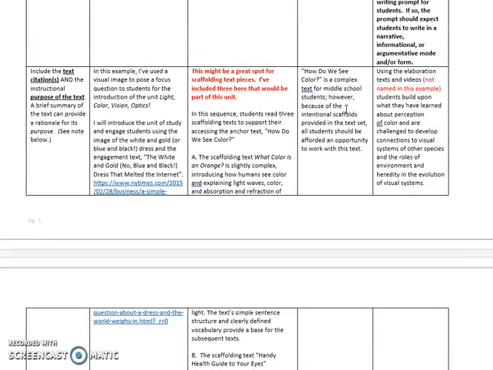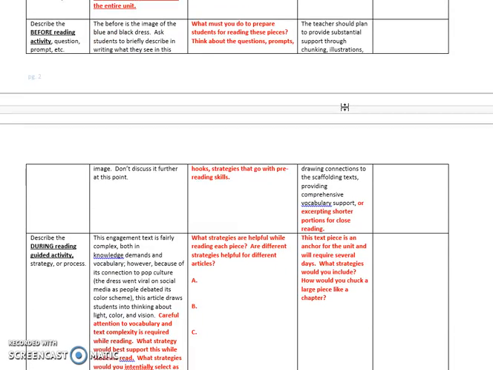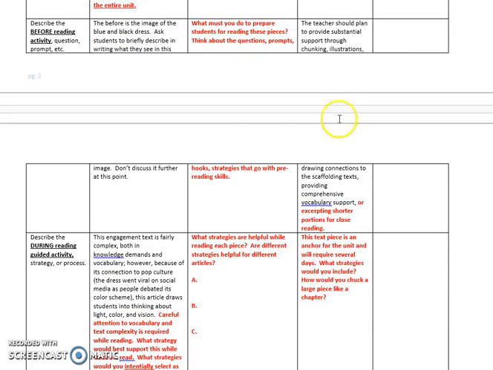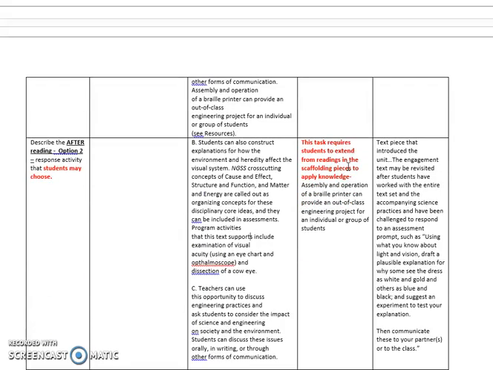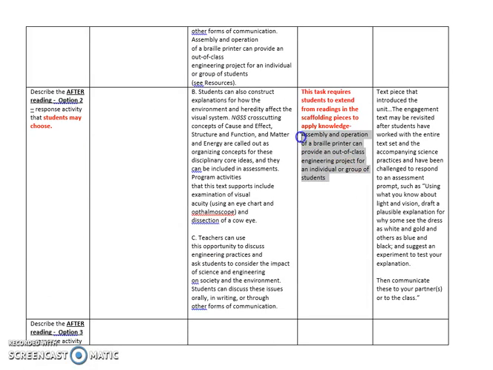So what I've done is I've taken an after activity that supports a follow-up to this reading and put it into the 3rd column, and that's this one here, assemble a Braille printer in an out-of-class engineering project.